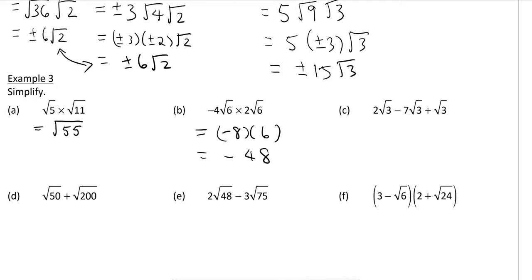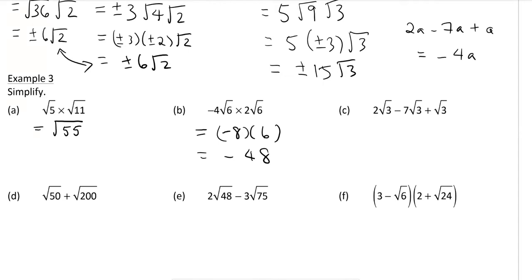So remember, if let's say I had 2a minus 7a plus 1a, or just a, well, we know that these are like terms, right? Because they have the same variable, same exponent, which is 1. And so you can combine them. So 2 minus 7 is negative 5, plus the 1 will give me negative 4.